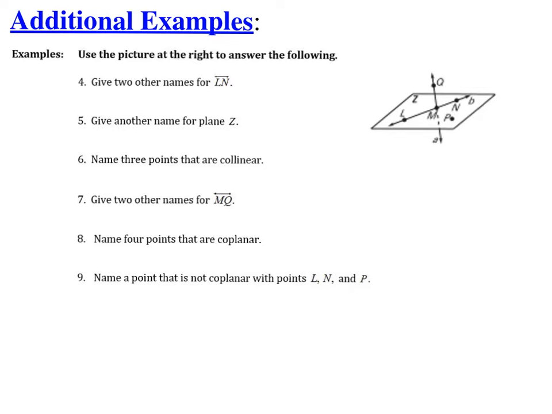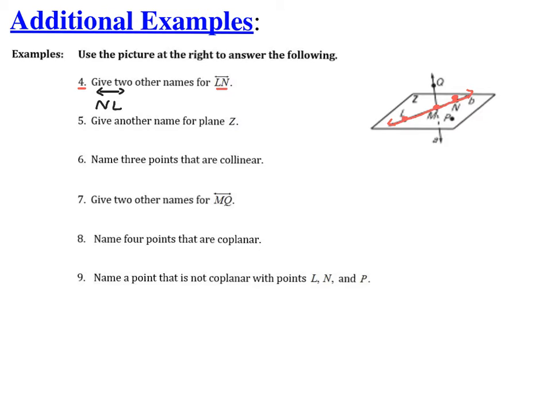So for the picture on the right, first thing they want is other names for line LN. So let's find that in our picture. Here's line LN, continues on forever. So the points that lie on it are obviously L, N, and M. Well, if you want to rename it, you could just say NL and use that symbol up above to tell me it's a line.